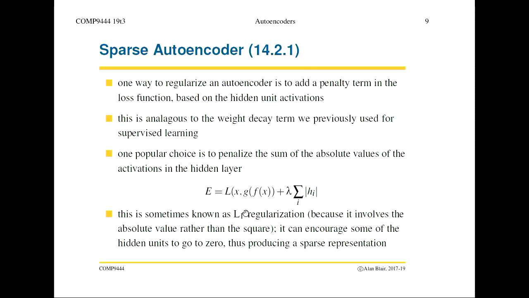What happens with this L1 regularization is it achieves this by encouraging some of the hidden unit vectors to kind of go to 0. And so it ends up producing what's called a sparse representation often, where some of these values go to 0 and then the others have to be used to reconstruct the image.